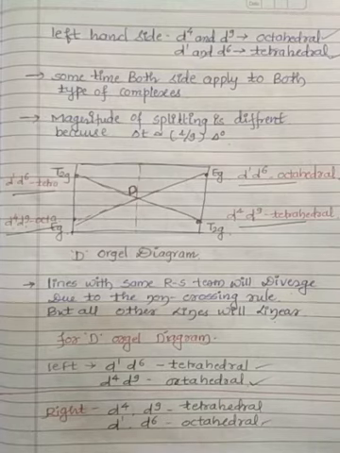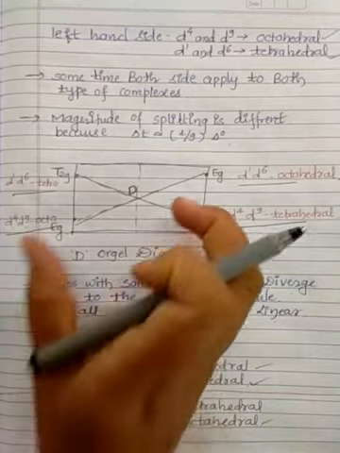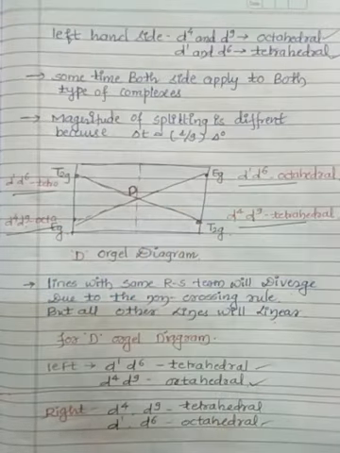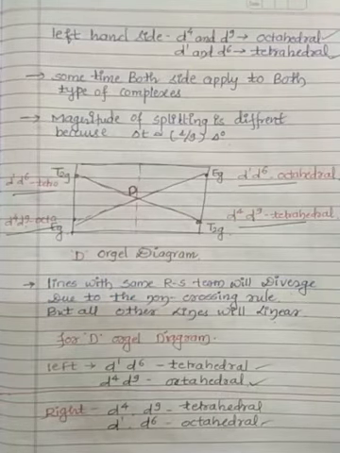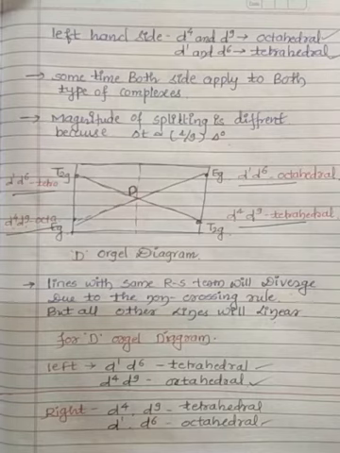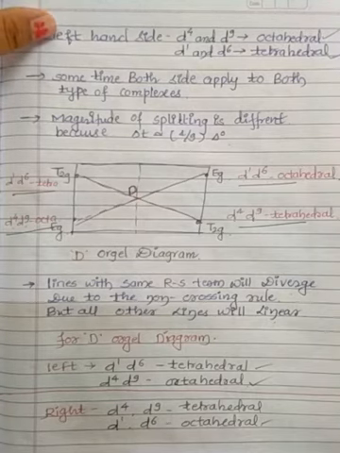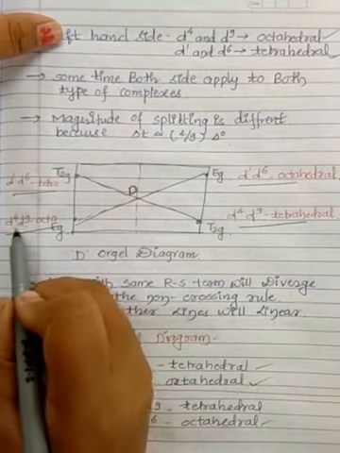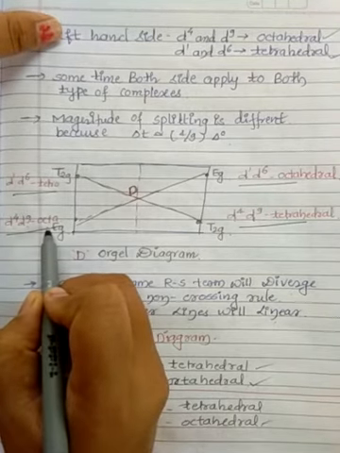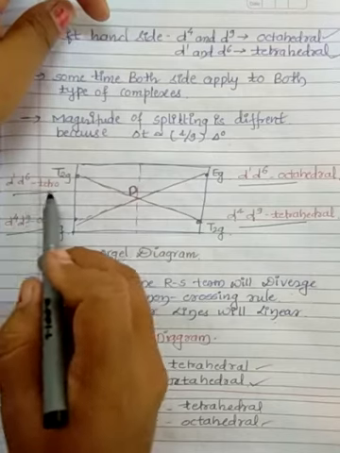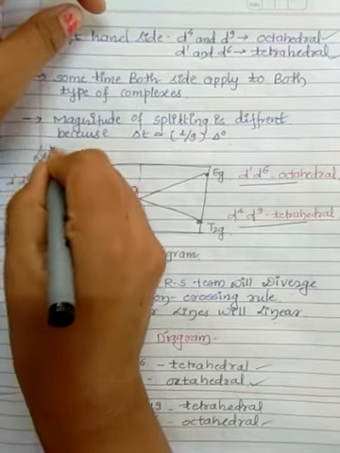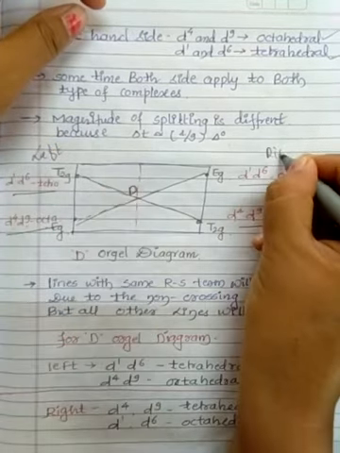Nothing else is there in this particular diagram. Simply you have to draw this D Orgel diagram and then explain the terms one by one. What I mean to tell you is that the left hand side is D4, D9 for octahedral, and D1, D6 for tetrahedral. Consider this the left hand side and this the right hand side.